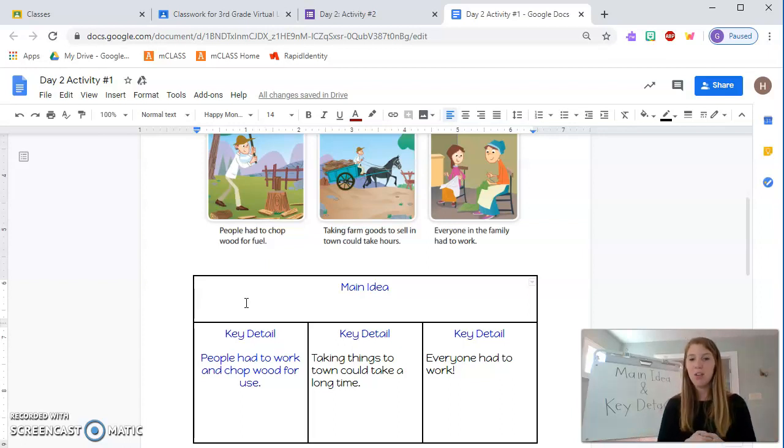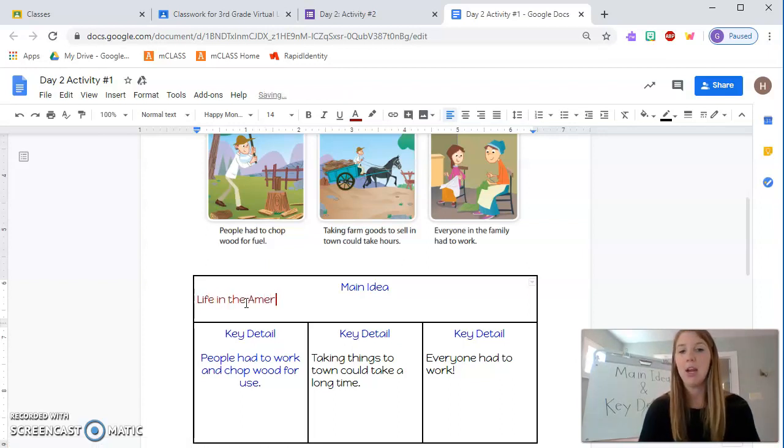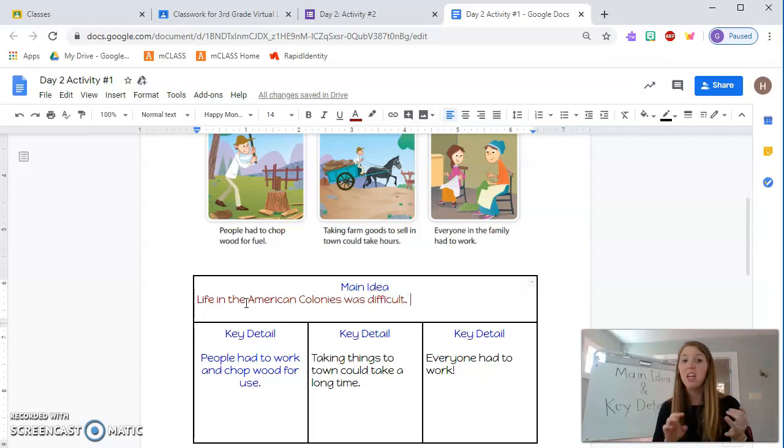And if you can think of another word to put for hard, because hard isn't necessarily a good 3rd grade word, maybe we could use difficult. So let's do life in the American colonies was difficult. I don't think it was very easy for the people to chop the wood, for them to travel far distances to get to town, and everyone had to work. Working is not easy.